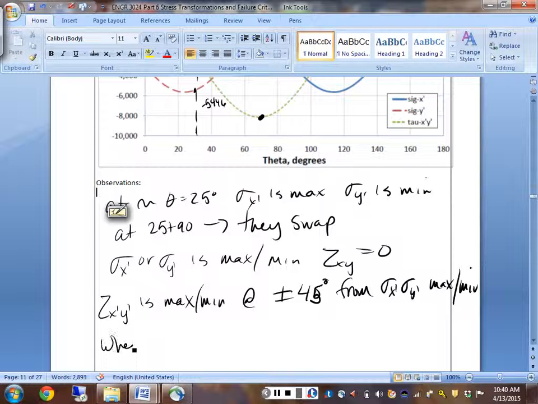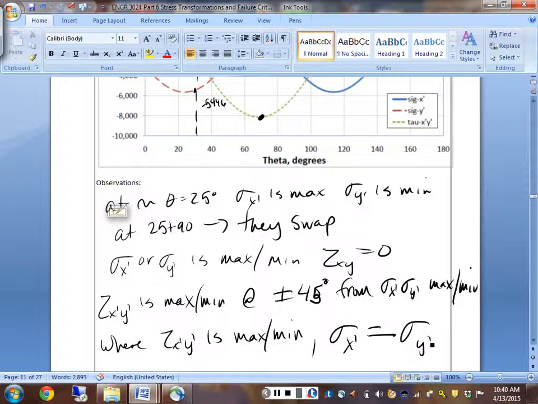And where tau x prime, y prime is max or min, sigma x prime equals sigma y prime. So I will take a second to let you write those things down because those are the important things to realize about this whole stress transformation thing.